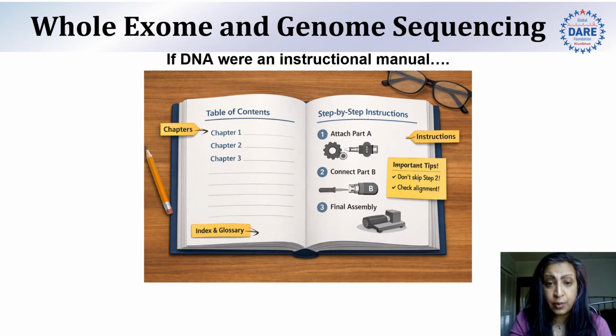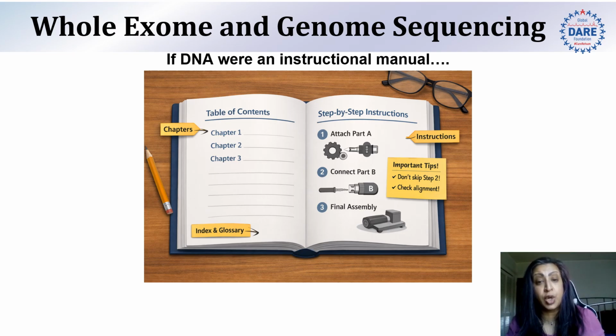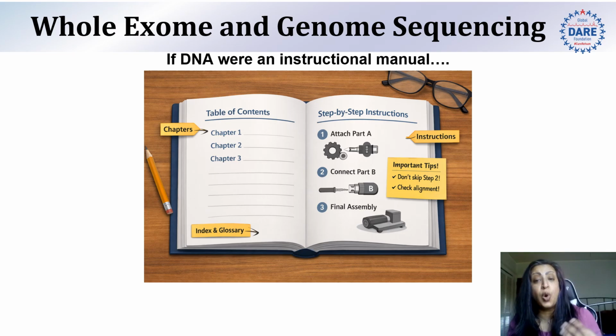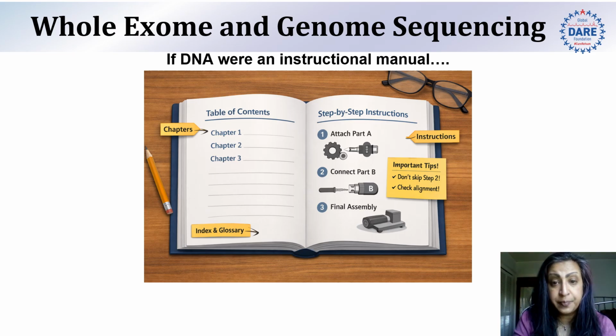Whole exome sequencing focuses on the screening of specific regions of genes, which we call the coding region, where most disease-causing variants occur. While whole genome sequencing looks at the entirety of the DNA sequence, and this approach often follows whole exome sequencing that has resulted in no clear answers.